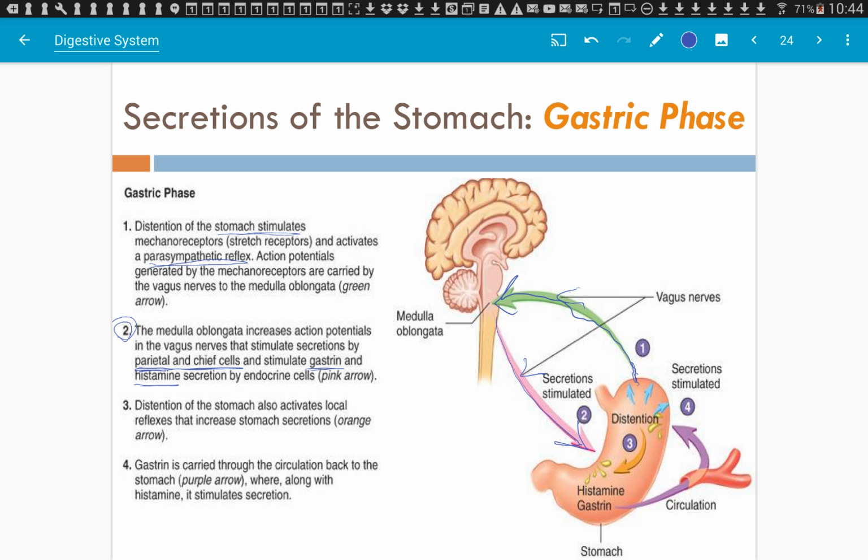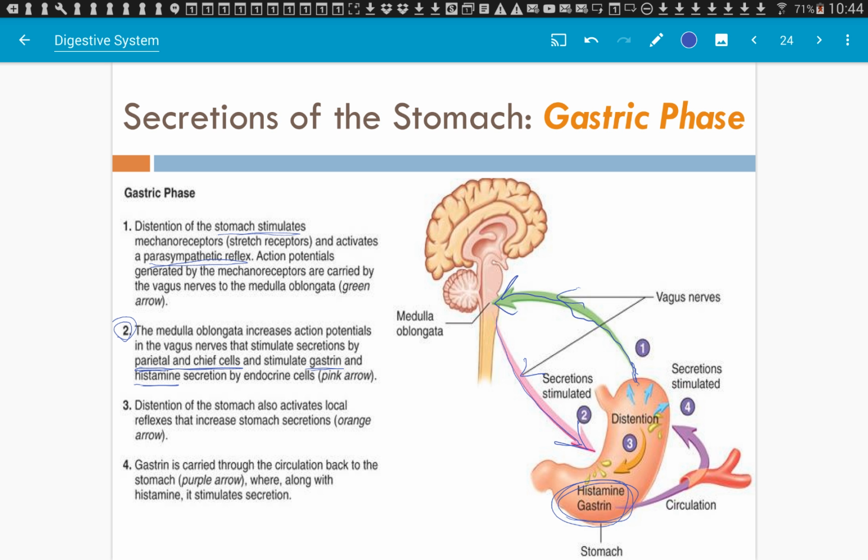So still the same 2 chemicals or molecules from the cephalic phase. This part is triggered by this distension of the stomach instead of smelling, touching, anticipating food.